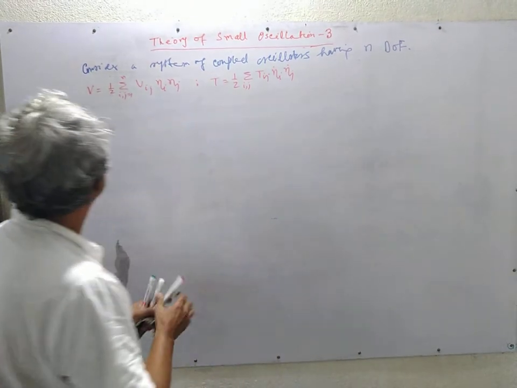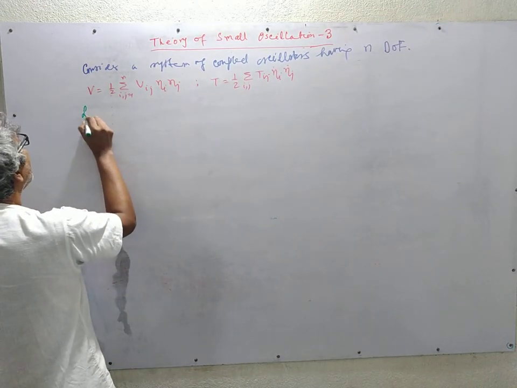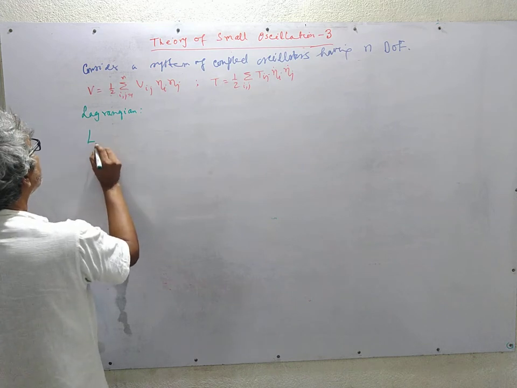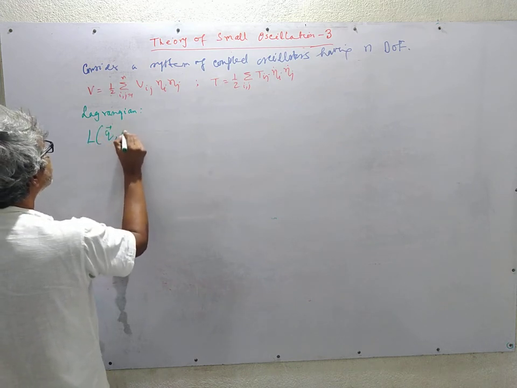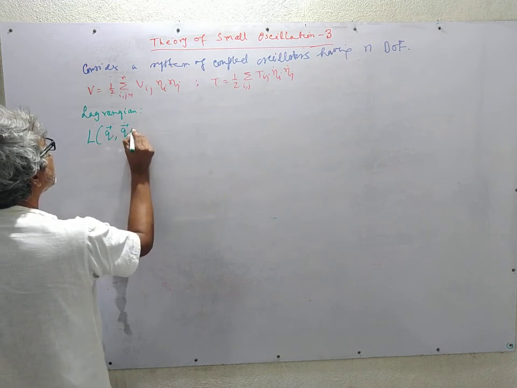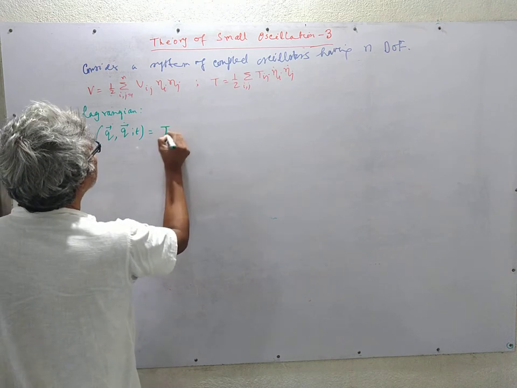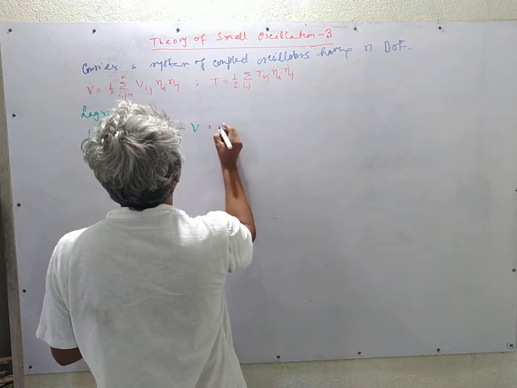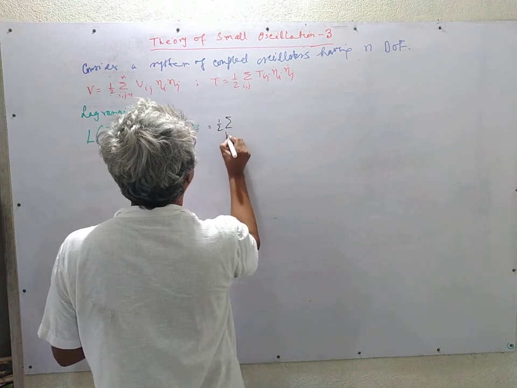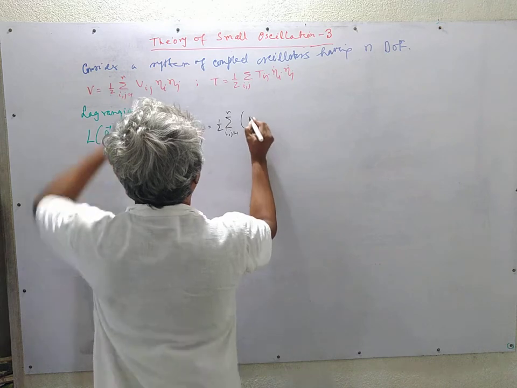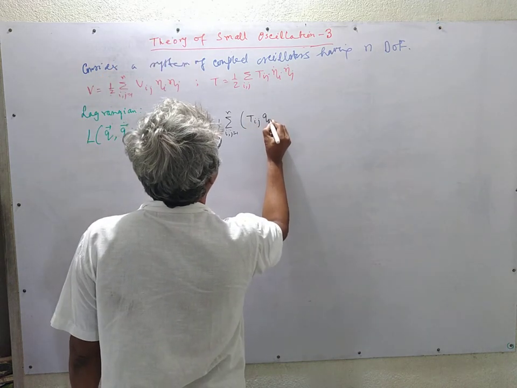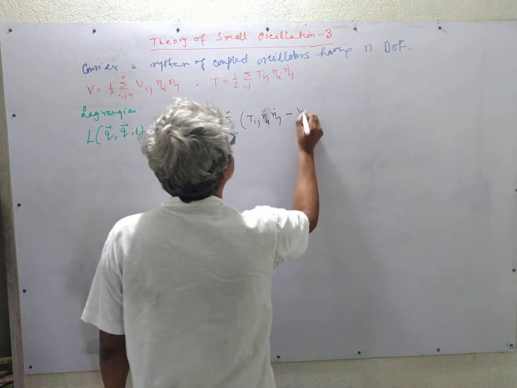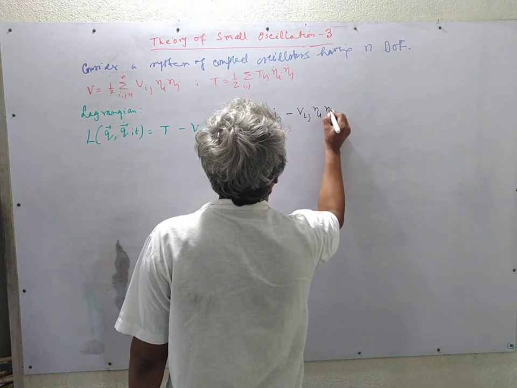The Lagrangian of the system is L, which is a function of q, q dots and of t, equal to T minus V. Here we have written T and V in their matrix form, so we write it as half summation over i, j equal to 1 to n, T_ij eta i dot eta j dot, minus V_ij eta i eta j.